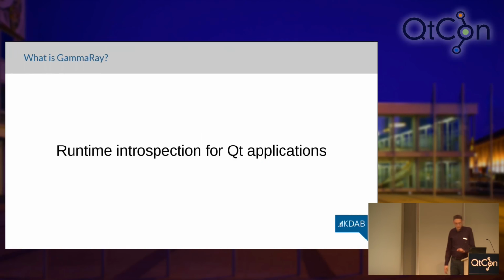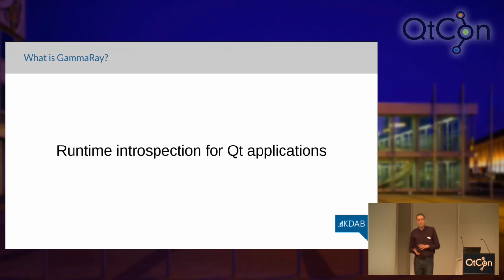So, what is GammaRay? GammaRay is a runtime introspection tool for Qt. If you might have encountered the tooling you find in current web browsers, like the Web Inspector or Firebug, imagine something like that just for Qt applications.